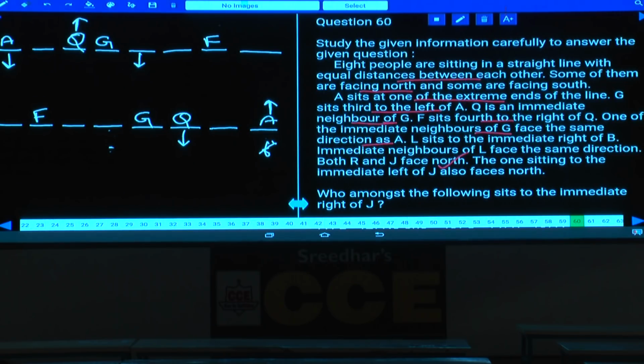Are you following this one or not? And one of the immediate neighbors of Q faces the same direction as A. One of the immediate neighbors of Q is G, or this person, so either this person or this person must be facing towards north.